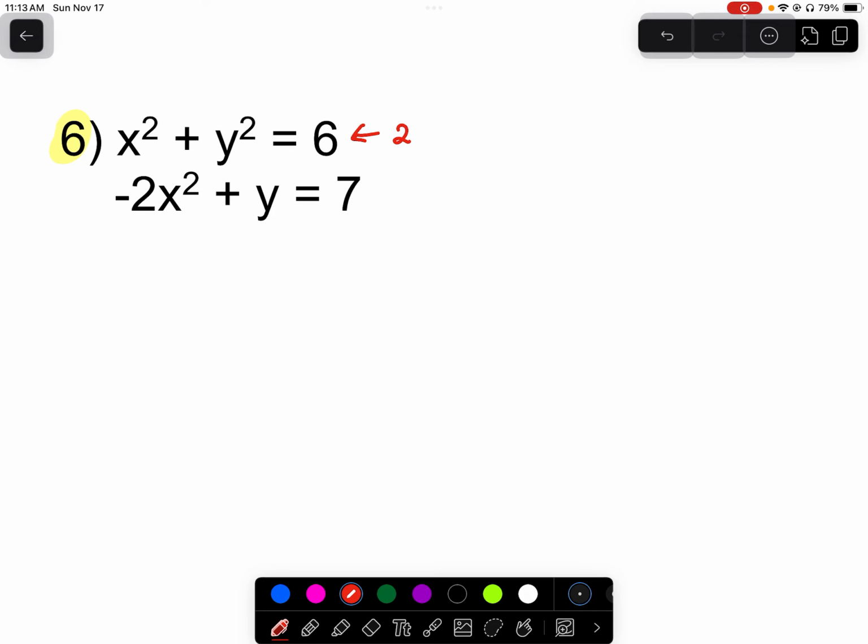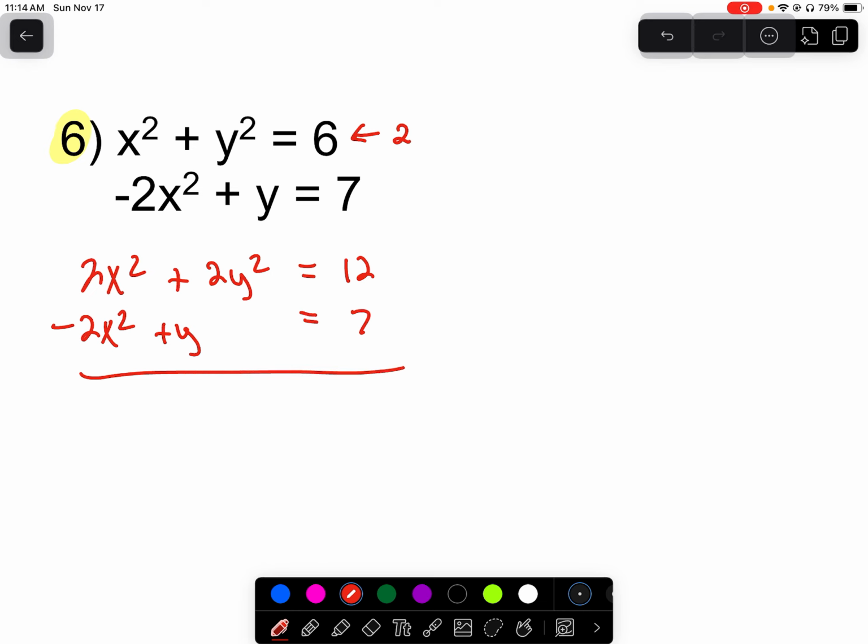So we'll have a positive 2x squared and a negative 2x squared. So we've got 2x squared plus 2y squared equals 12. And then negative 2x squared plus y equals 7. And so then these disappear.